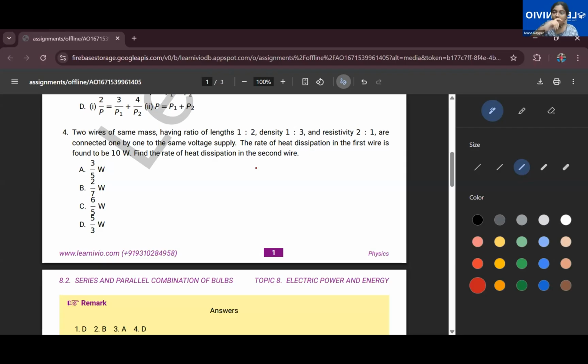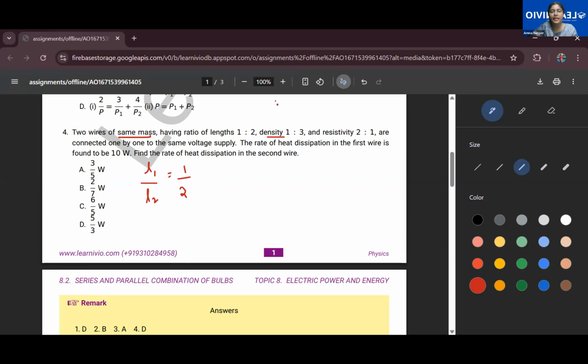Now look, when we're talking about the resistivity, here it says same mass and density. Yes, this will give you an idea about what, right? So two wires having same mass have the ratio of the lengths as L1 by L2 is given as 1 by 2.